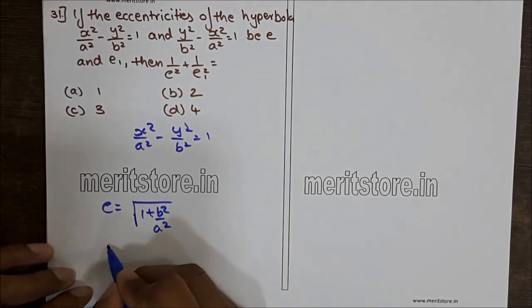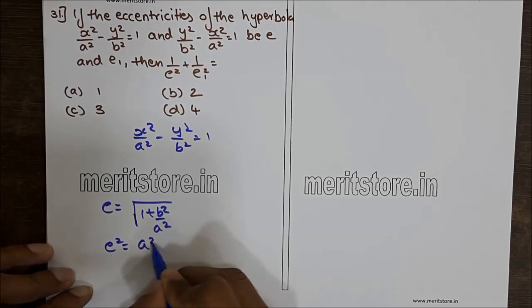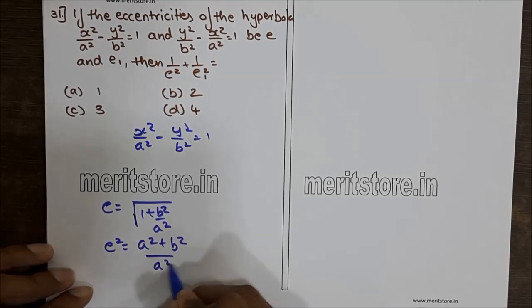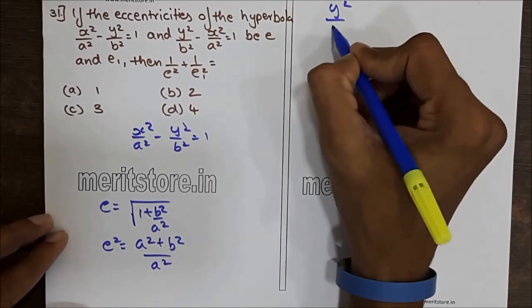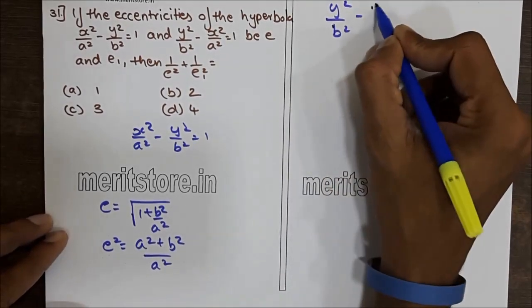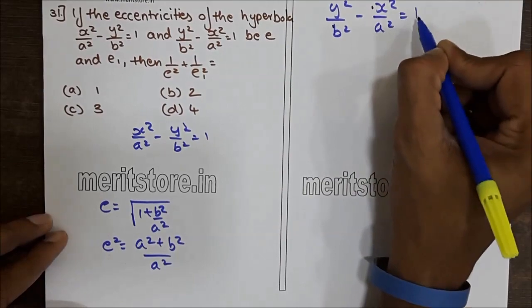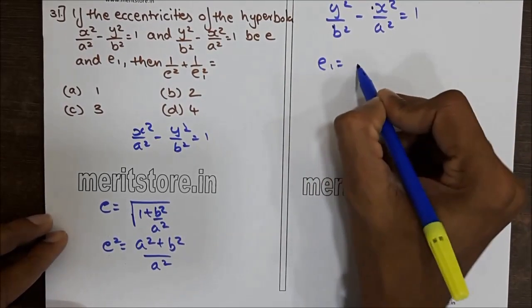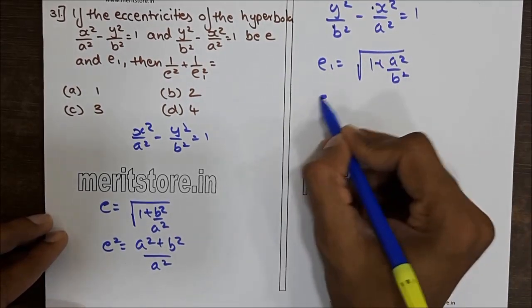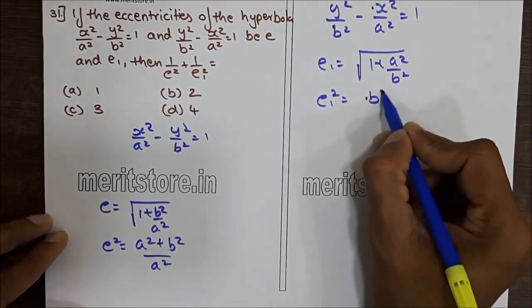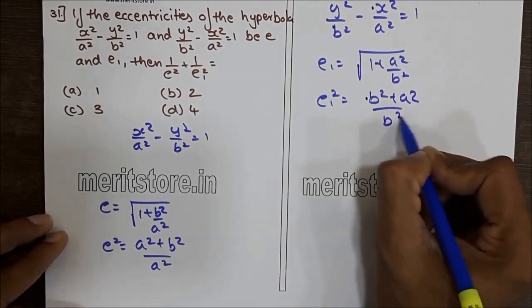So squaring both sides, we get E square is equal to a square plus b square upon a square. The eccentricity of the hyperbola y square upon b square minus x square upon a square equal to 1 can be given as E1, that is under root of 1 plus a square upon b square. Squaring both sides, we get E1 square equal to b square plus a square upon b square.